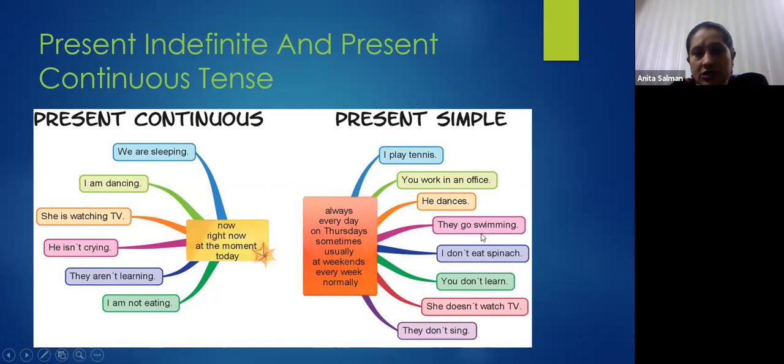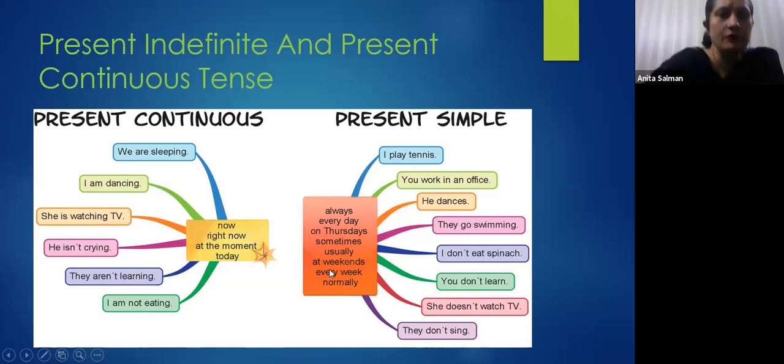They go swimming sometimes, at weekends, normally, every week. I don't eat spinach always or every day or sometimes or usually. You don't learn every week, normally. He doesn't watch TV sometimes, usually, always, every day. They don't sing every day or normally or whatever.